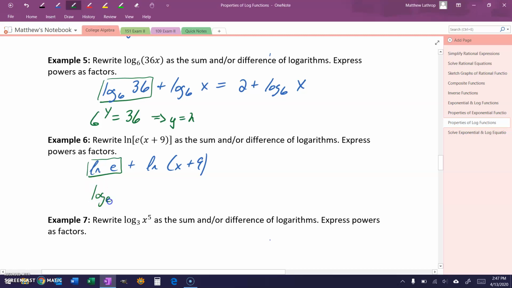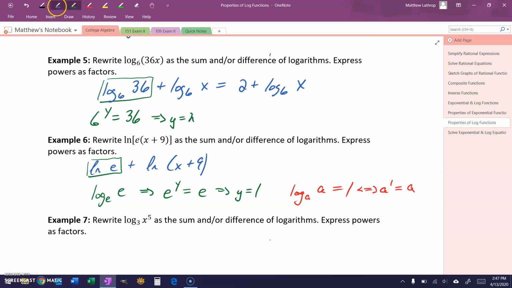This would be the same thing as the log base e of e, which would mean there's some value that we could raise that base of e to get e, and our result there would be y equals 1. We can generalize this a little bit into just another property, which is that if we have the log base a of a, that result is always going to be equal to 1, because a to the first power is always equal to a. The natural log of e then is equal to 1 plus the natural log of x plus 9.